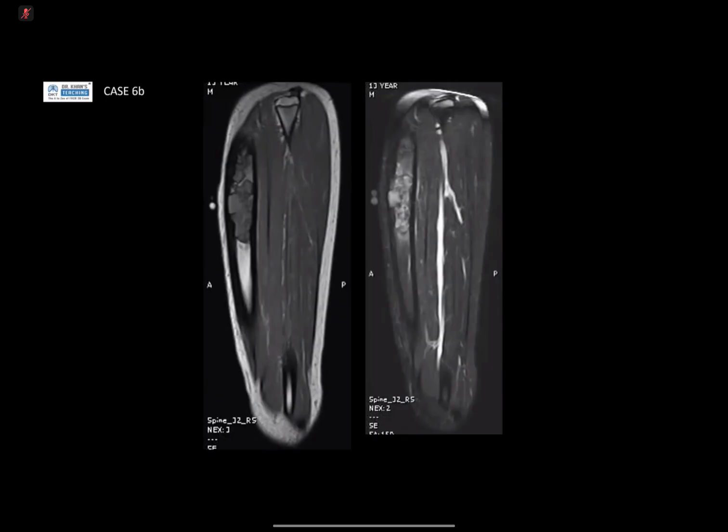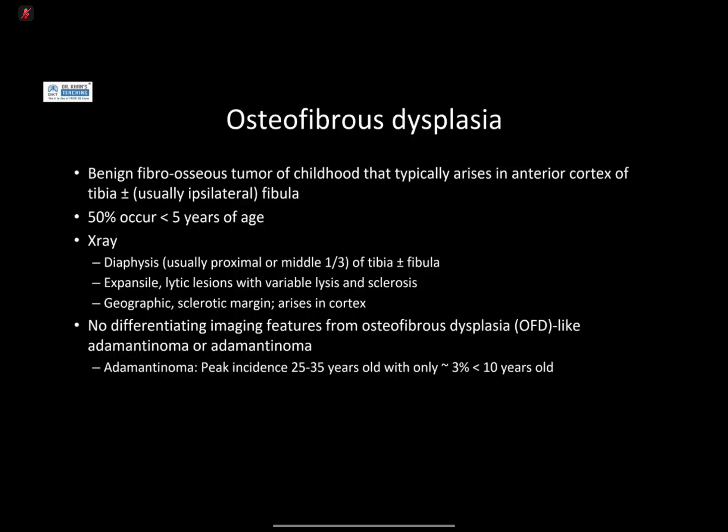Okay. Yeah. So there are a few things that you can get in the tibia, and they're tricky. So in a pediatric population, we're thinking about osteofibrous dysplasia, fibrous dysplasia. This is a nice example of osteofibrous dysplasia. It has that mixed density.